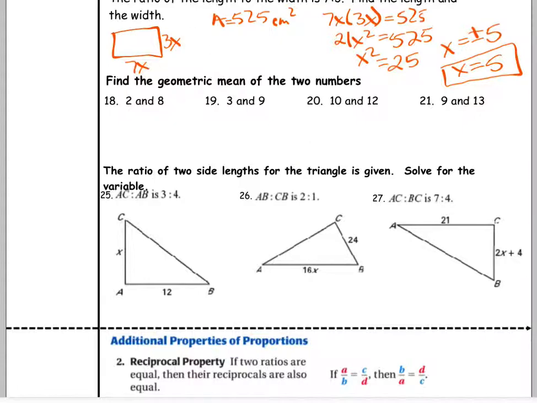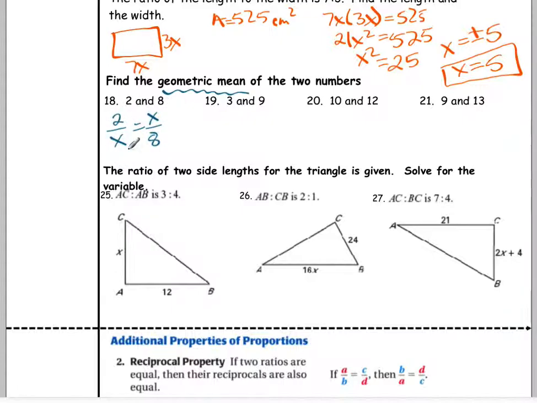Geometric mean is something that you need to remember. There's no formula for this on the formula chart, so it's really important that you recognize those words and know exactly what to do. A geometric mean is used by setting up a proportion of these two numbers. It's not the same as a normal average. So what I would do is I would put 2 over x equals x over 8.